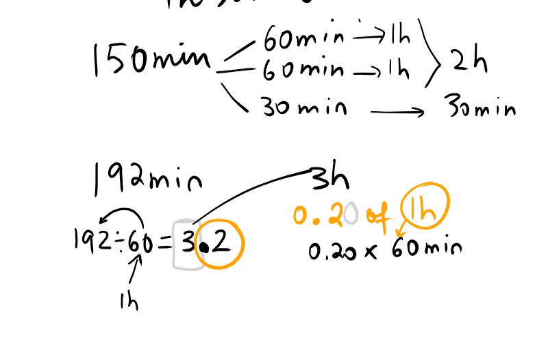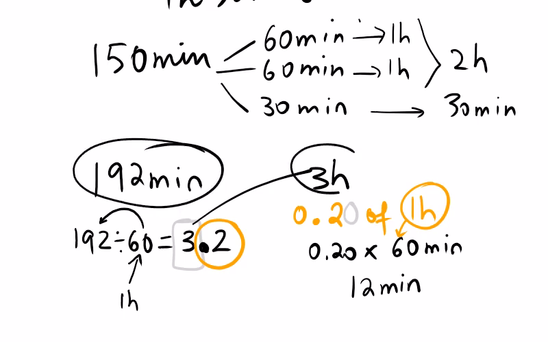And if you did that calculation, you would get 12 minutes, 20% of 60. Think about it. 10% of 60 would be 6. 20% is twice as much, so 12. So in this answer here, 192 minutes is the same as 3 hours and 12 minutes.